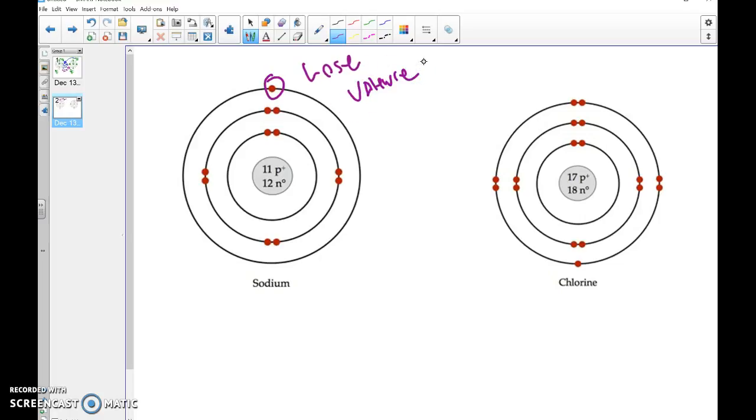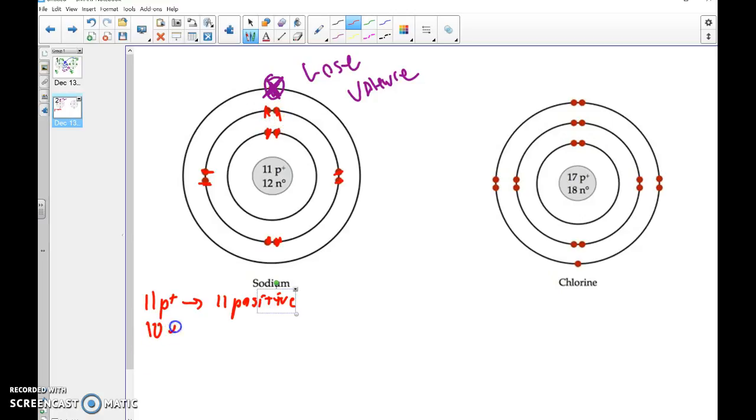Okay? So what that means is sodium will shed this electron, and now you'll notice it has 11 protons, so it has 11 positive charges. Okay? 1, 2, 3, 4, 5, 6, 7, 8, 9, 10.